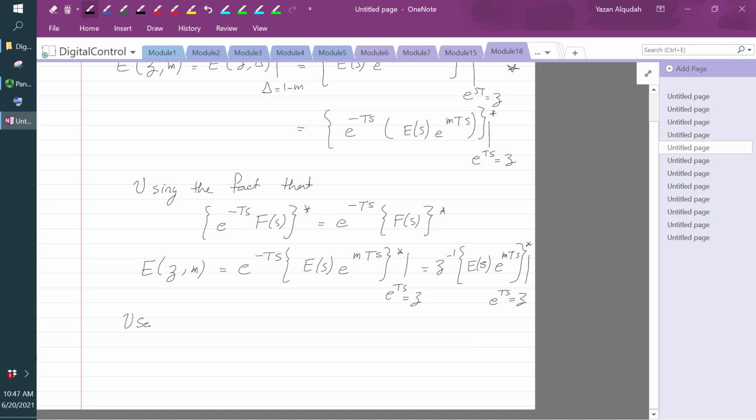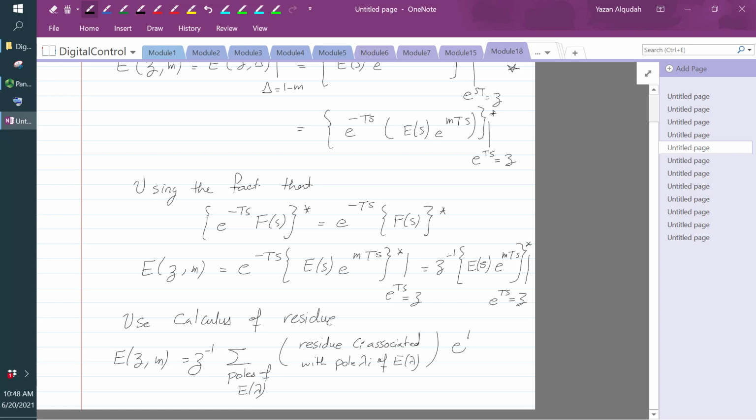We're going to use the calculus of residue, and we can show that this expression E of z comma m is going to equal z to negative 1 multiplied by the summation over the poles of E of lambda, of the residue c_i associated with pole lambda_i of E of lambda multiplied by e to m T lambda divided by 1 minus e to negative T (s minus lambda), and we replace e to sT with z.